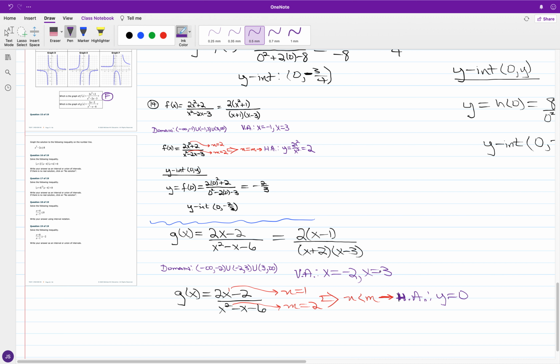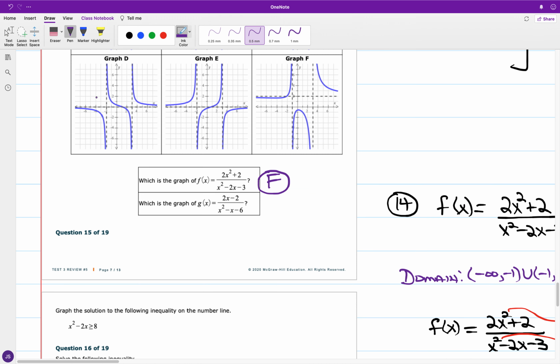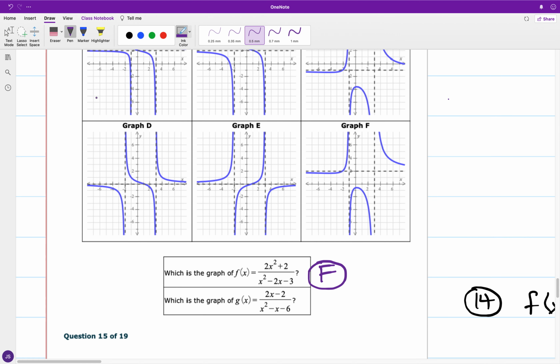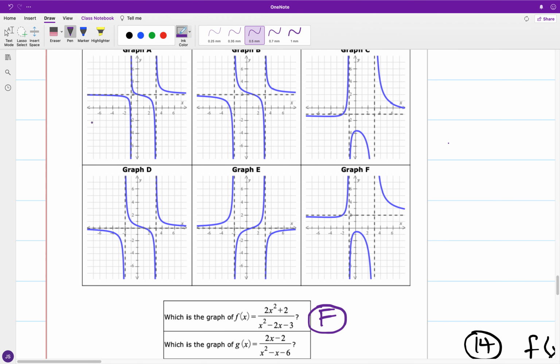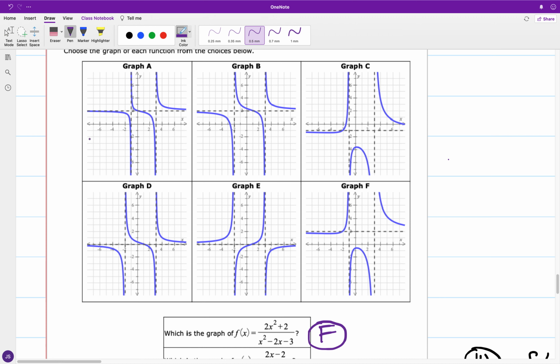Okay, so we've got negative 2 and 3 for x and 0 for y. Looking at the process of elimination, we don't have negative 2. We got 3, but we got the wrong horizontal asymptote.